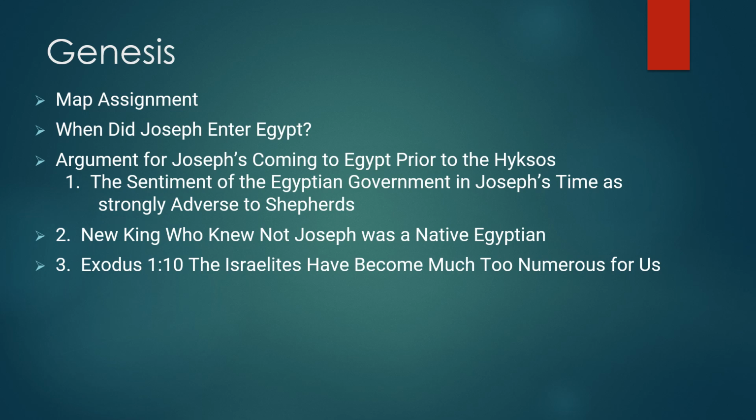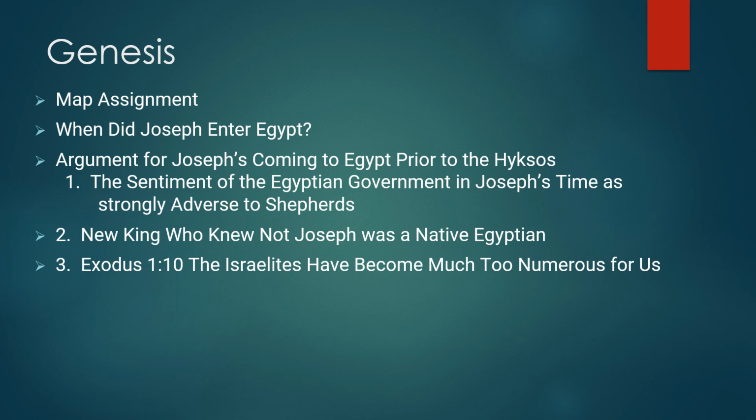I think there are certainly things that can be said both for and against placing Joseph in the Hyksos period. The available evidence really doesn't, I don't think, give us a basis for a firm conclusion. You're going to have to come to that conclusion on something other than this kind of inferential material from Scripture. I don't think it settles it.